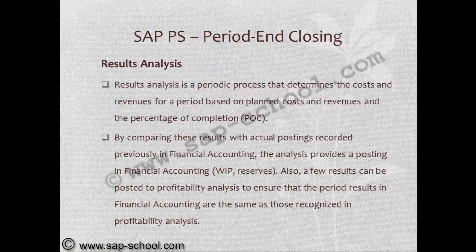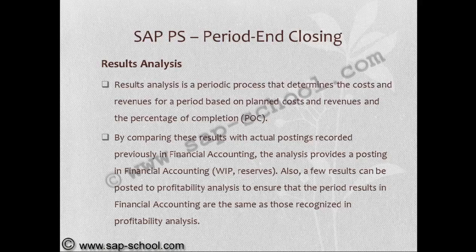Now we'll see the next one, which is result analysis. Result analysis is a periodic process that determines the costs and revenues for a period based on planned costs and revenues and the percentage of completion.